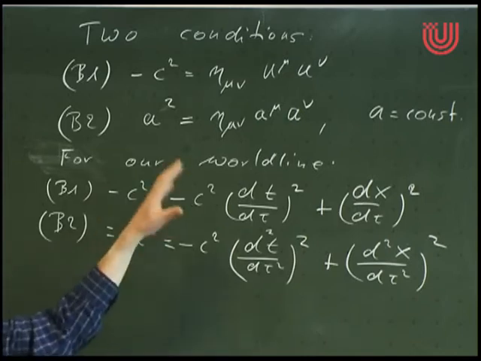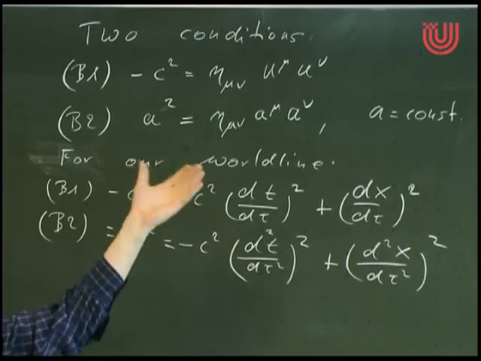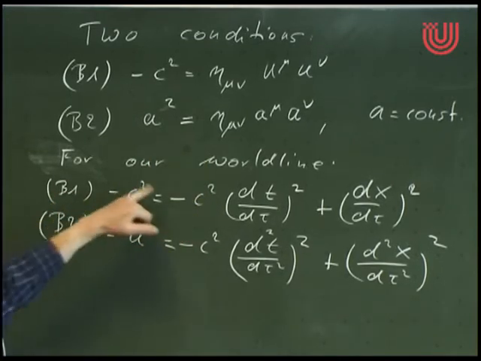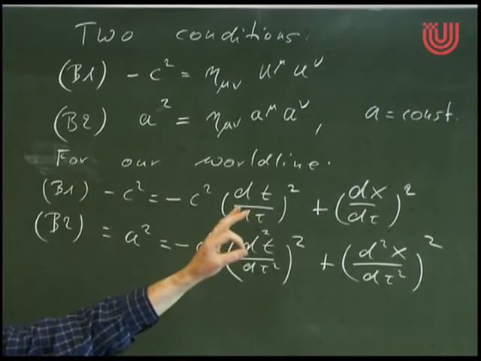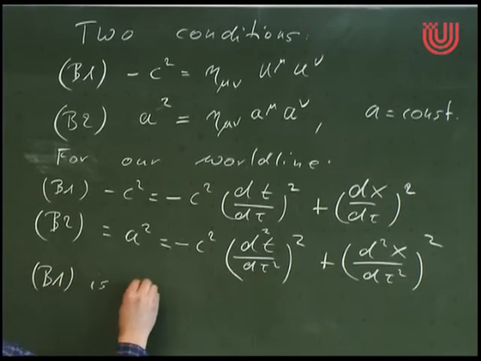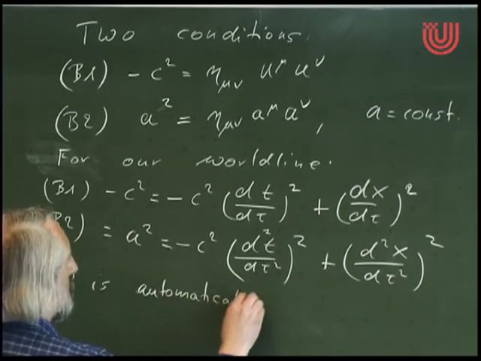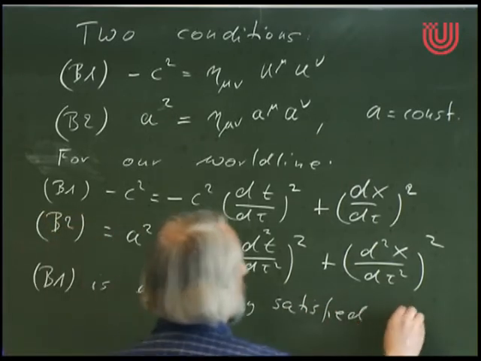Then it's always a good idea to substitute for a and b the cosh and the sinh of something. Then this is identically satisfied. If you had plus signs everywhere, then you would do this substitution with sine and cosine. But if you have a minus sign, then you have to do it with cosh and sinh. So p1 is automatically satisfied by the ansatz.